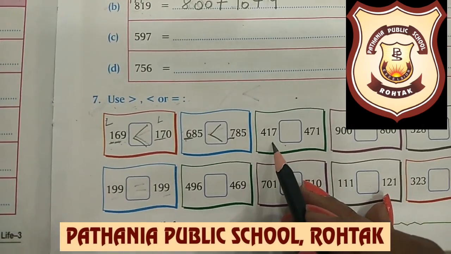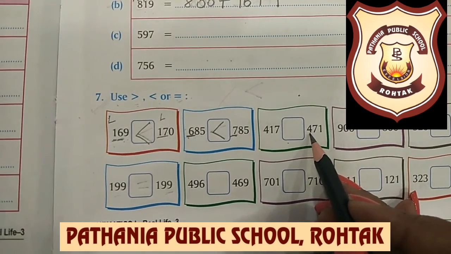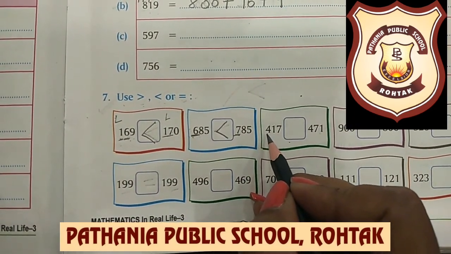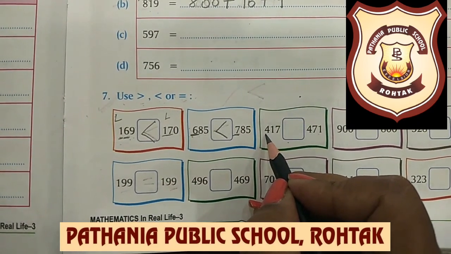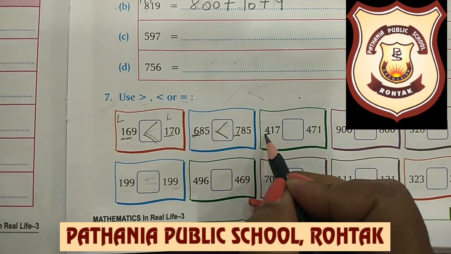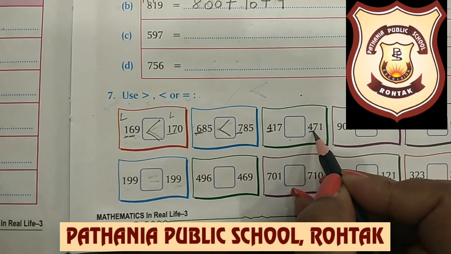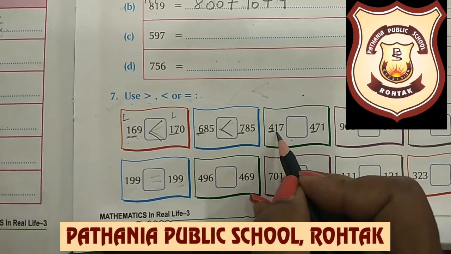Now moving towards the next, 417 and 471 we have. Again we will start comparing with the left-hand side. Now 417 is having 4 and 471 is also having 4. So we should move to the next number.